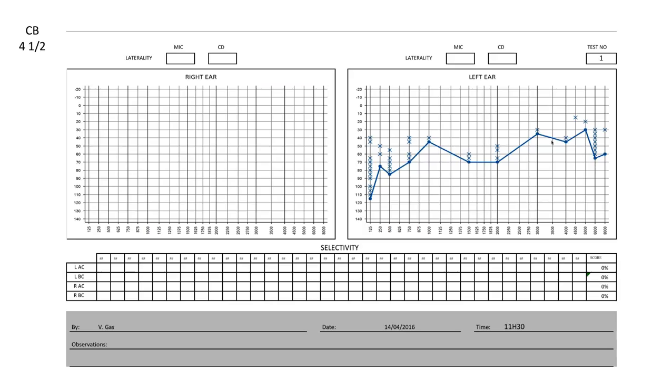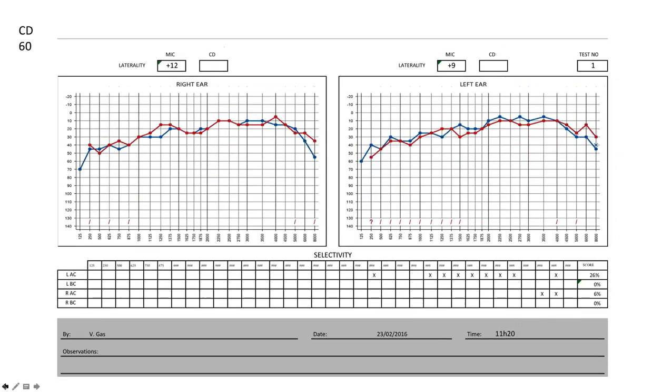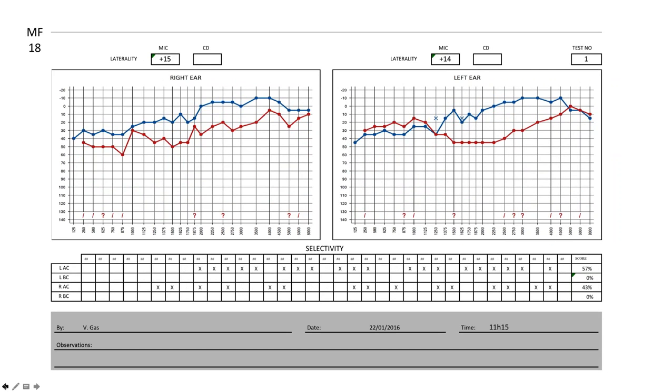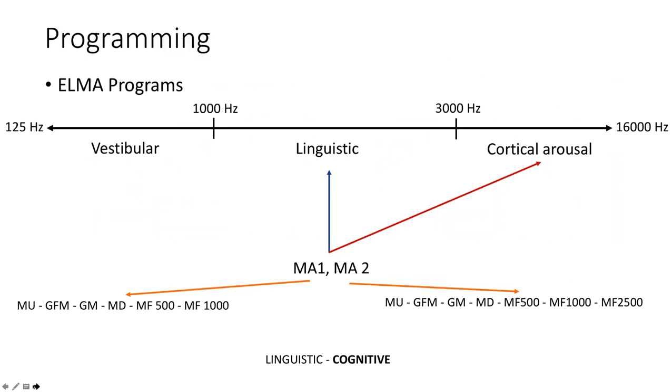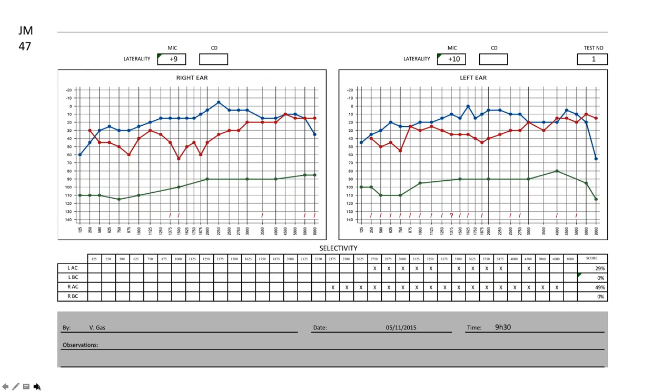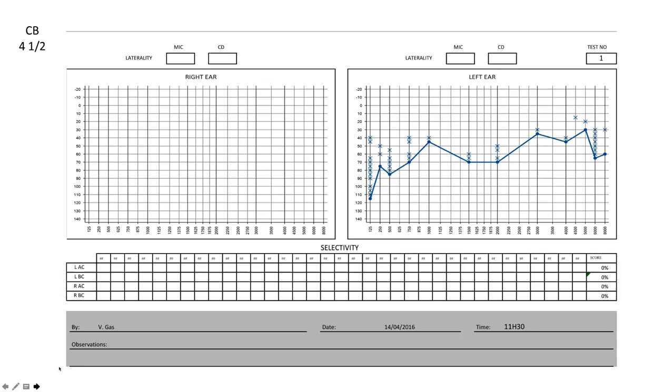Why did I put this test? If I take, I think, almost all my listening tests, my first listening test, they all tell me to start with a T or an F program. And that's the point I wanted to make, that we can do Tomatis even if we don't have the listening test, because the first test that we will probably use and that we need to use is the F test, because any of these tests that I'm showing you, and that are my normal clients I get every day, they cannot do anything else than the T or F program with this type of test.